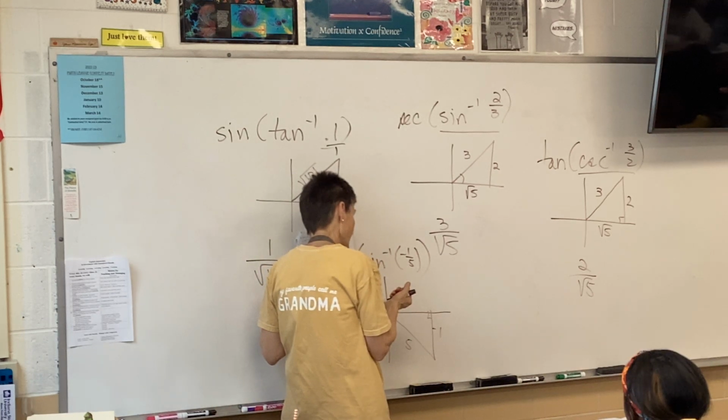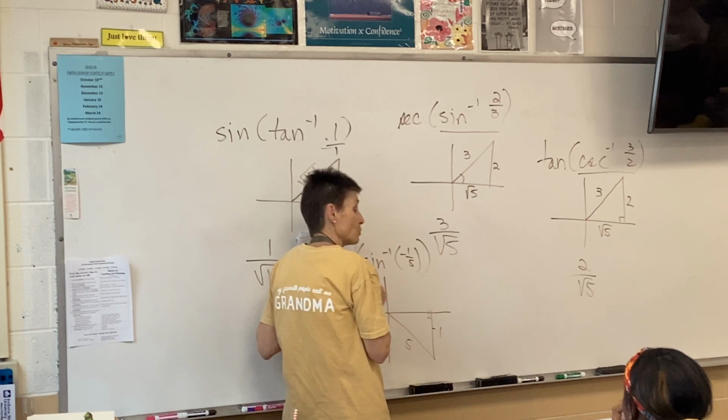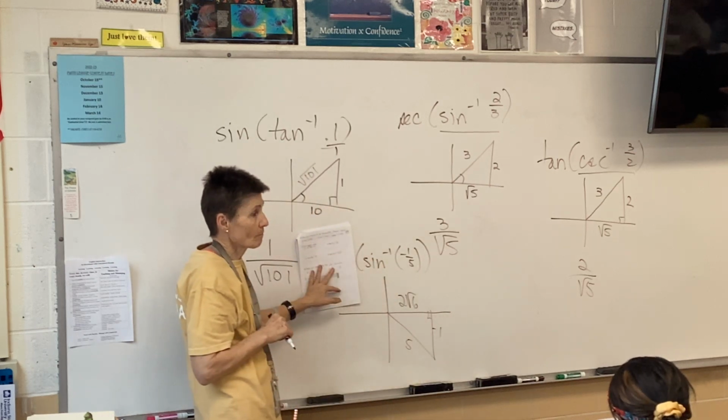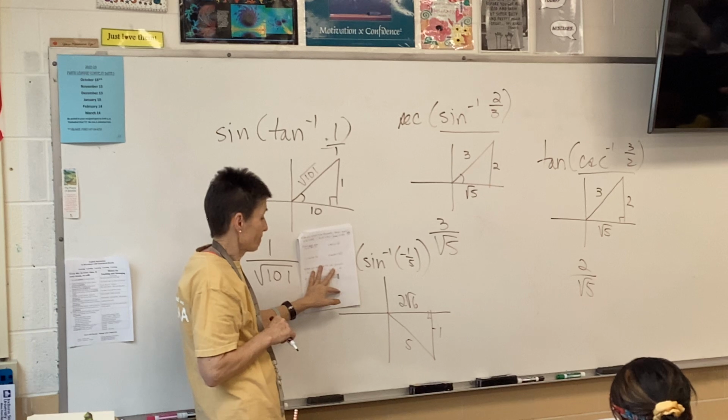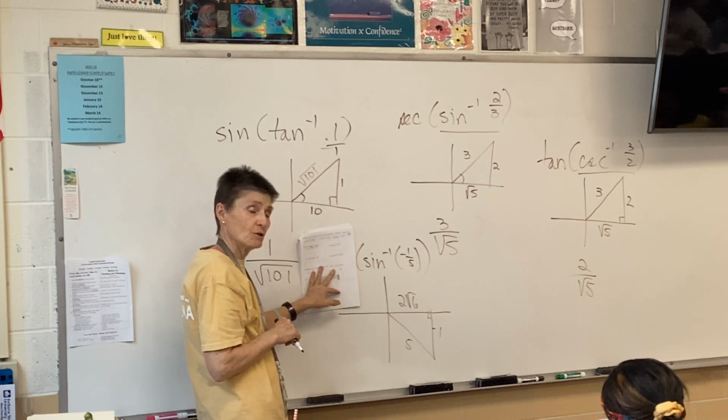Let me know when you got it. Square root of 24, which is 2 radical 6. Everybody get 24? If you got 26, you're messing up again.